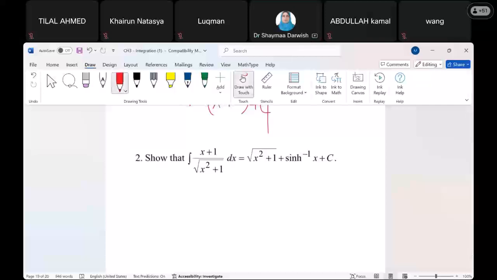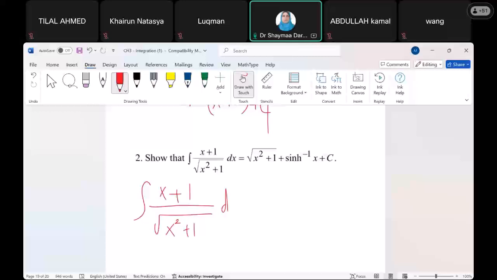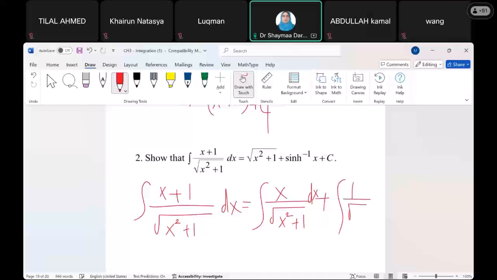The integral of x plus 1 over the square root of x squared plus 1 dx equals the integral of x over the square root of x squared plus 1 dx plus the integral of 1 over the square root of x squared plus 1 dx.